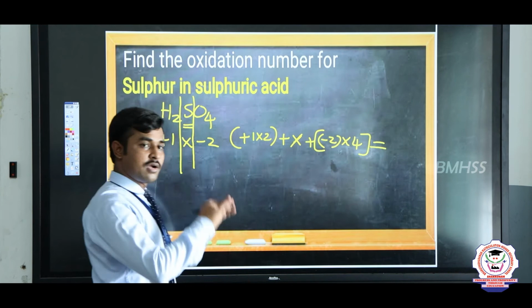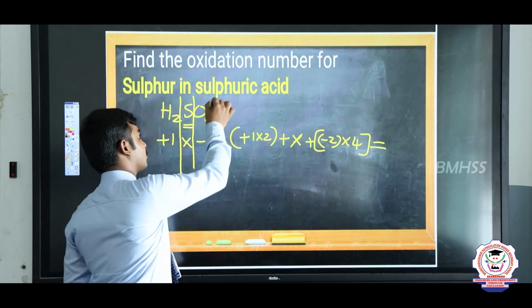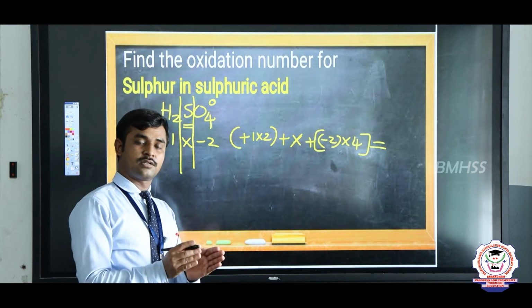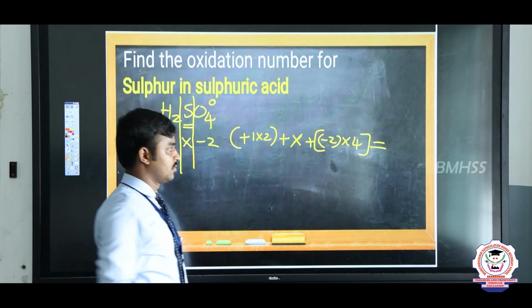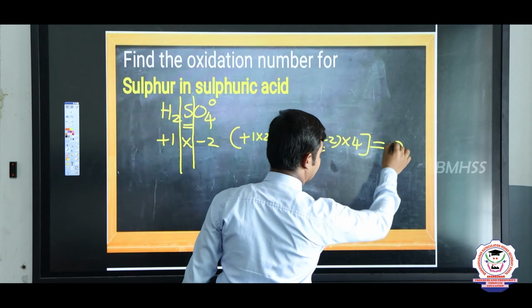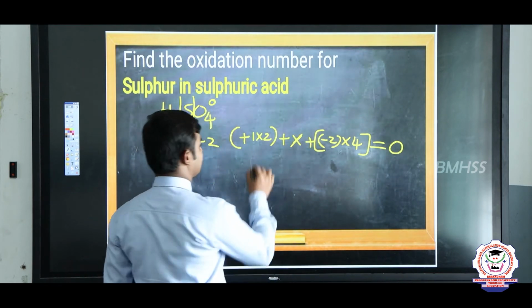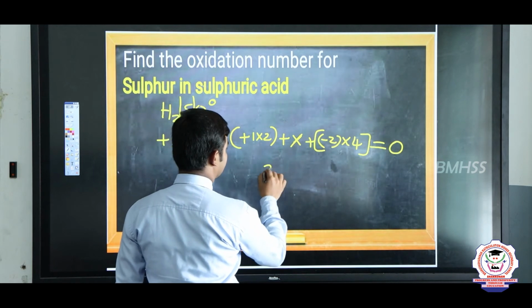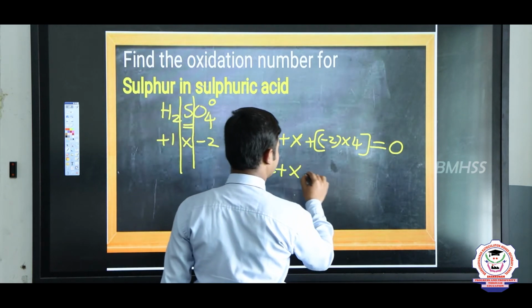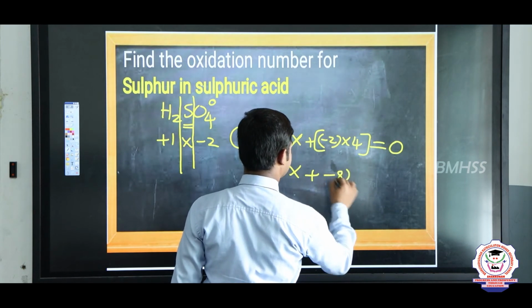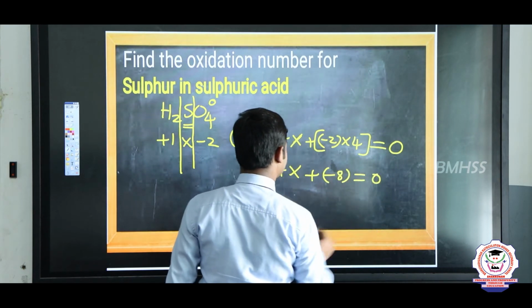Finally, the sulfuric acid molecule's oxidation state is 0. Every molecule is considered to have the oxidation state 0. So, we need to find the answer for X. Plus 1 into 2 is 2, plus X, minus 2 into 4 is minus 8, equal to 0.